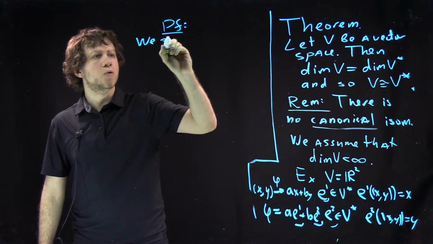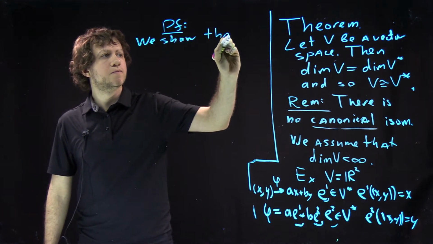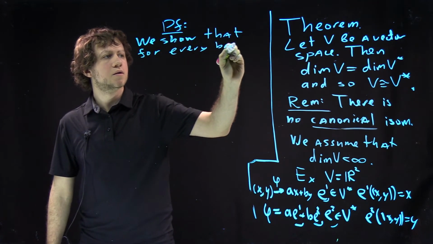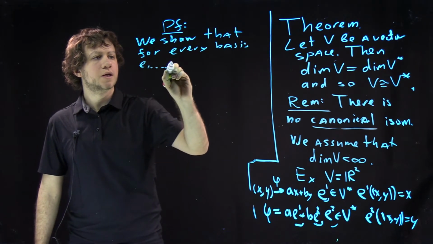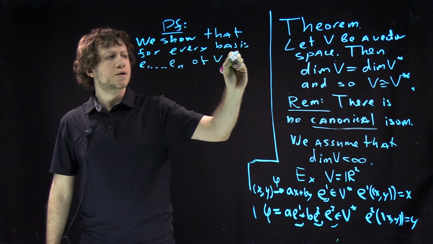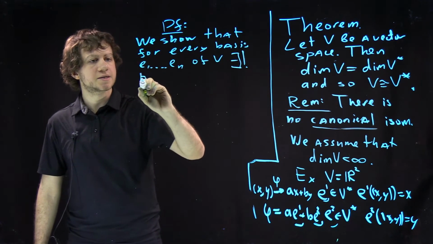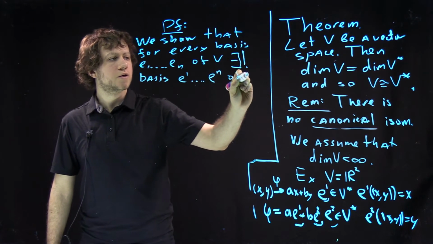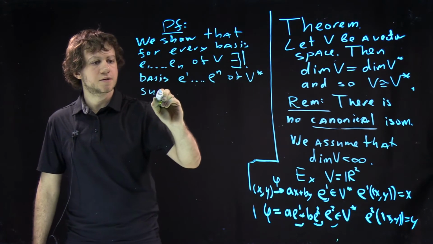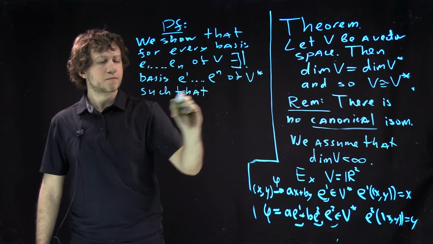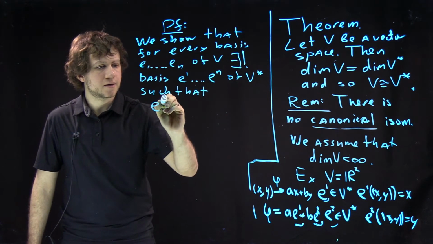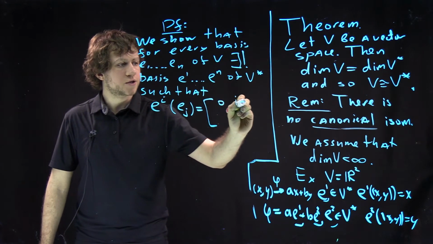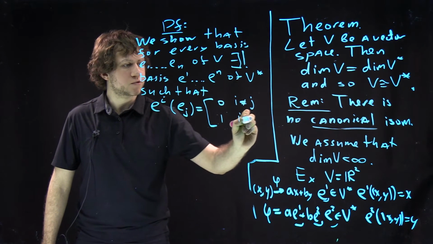We show that for every basis e1, ..., en of V, there exists a unique basis e1*, ..., en* of V star such that if you take ei* and plug in ej, you get 0 for i not equal to j and 1 for i equal to j.